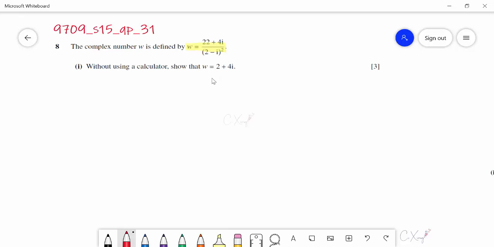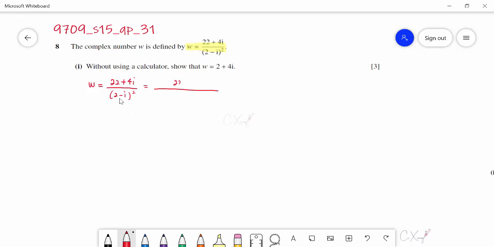For this question, generally what we need to do is expand everything for the W and then rephrase it to become 2 plus 4i. So I'm having 22 plus 4i, and then 2 minus i squared. I will expand the square first at the denominator.